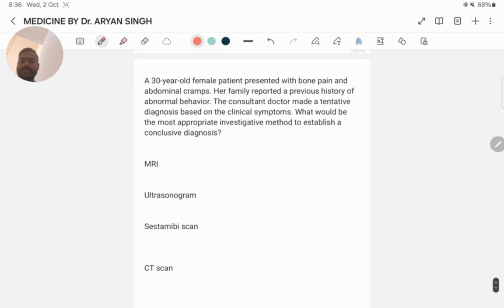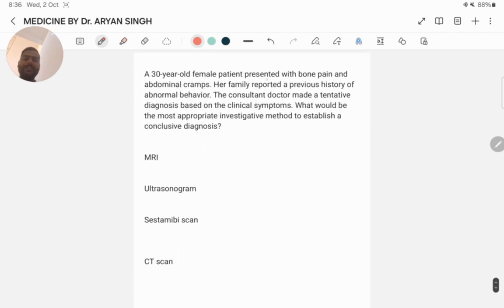Next question: a 30-year-old female patient presented with bone pain and abdominal cramps. Her family reported a previous history of abnormal behavior. The consultant doctor made a tentative diagnosis. Based on the clinical symptoms, what would be the most appropriate investigative method to establish a conclusive diagnosis?